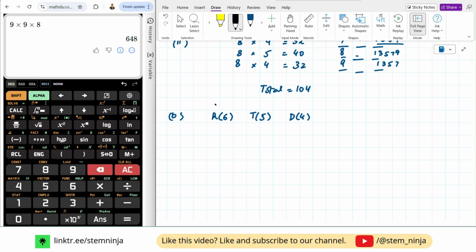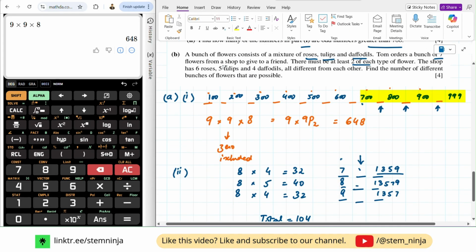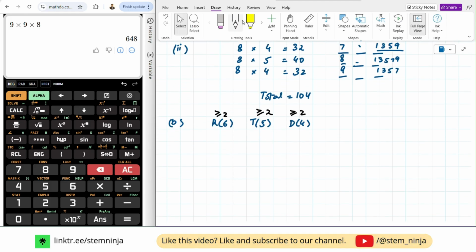So they should be at least 2. And what else was the condition? The total needs to be 7. All right. So we can start with the lowest numbers first.